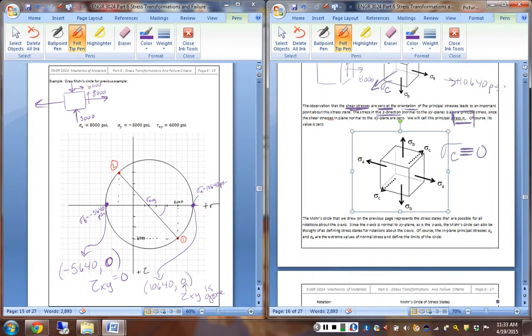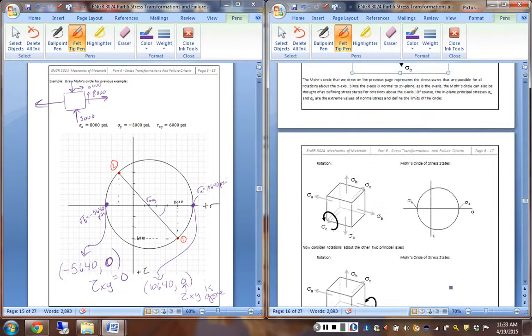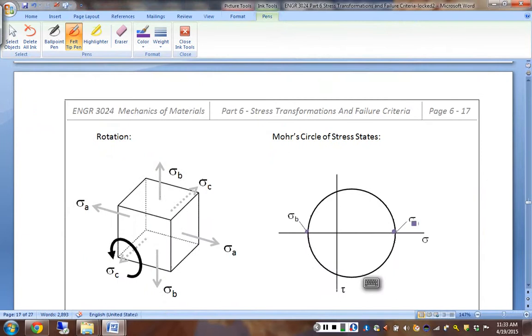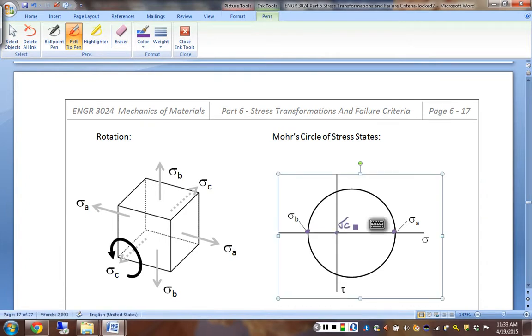If we think about this in terms of what the Mohr circle looks like for different possible cases of signs of sigma A and sigma B, if the principal stress values are of opposite sign, as is indicated in this first example, we have a positive sigma A, we have a negative sigma B, and sigma C is always 0.